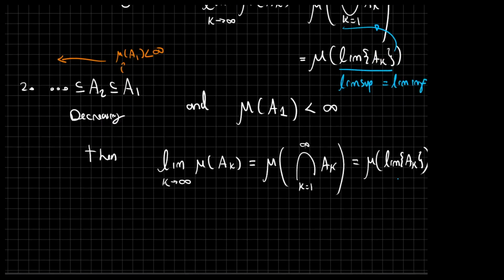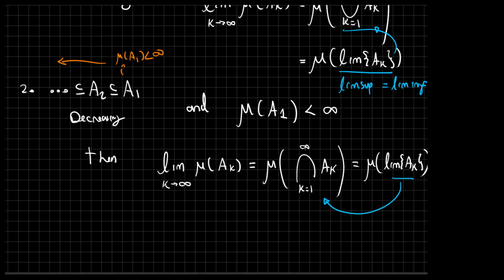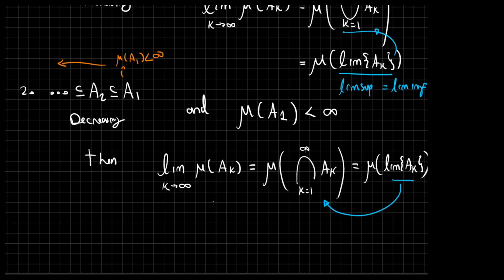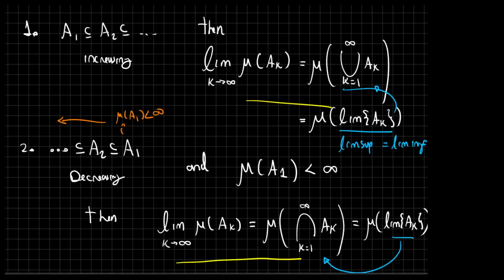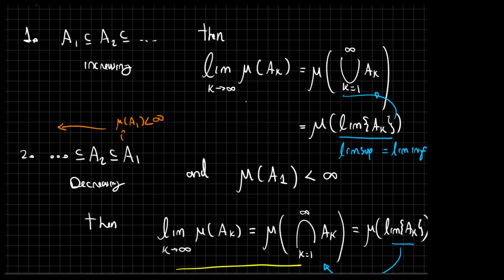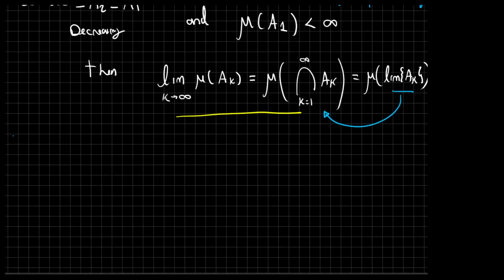And the same happens when you have a decreasing sequence. This limit exists and it is equal to the intersection of every element. So we will only need to show that this other equality holds. And similarly above, we will work on this part here. All right, so the proof is as follows.